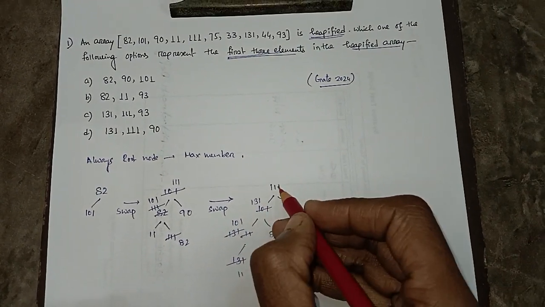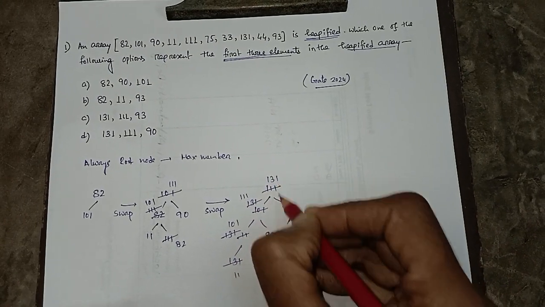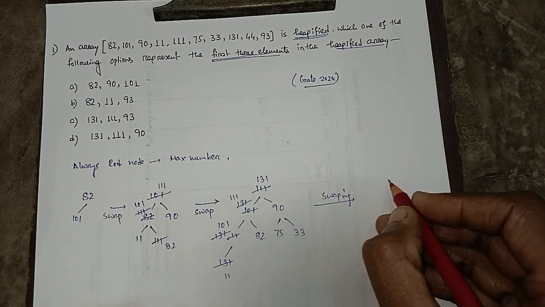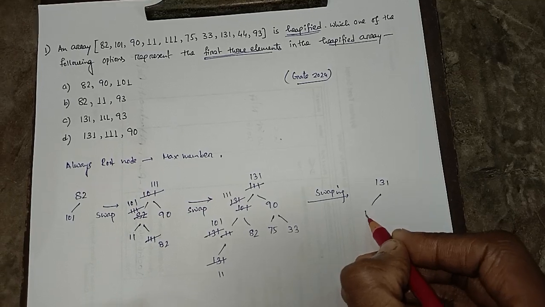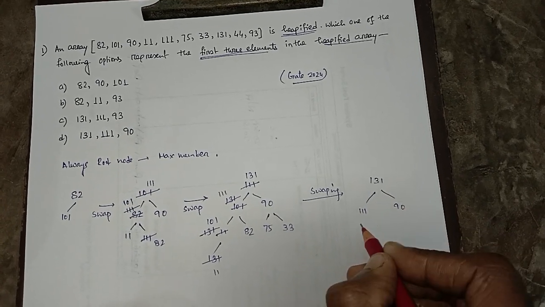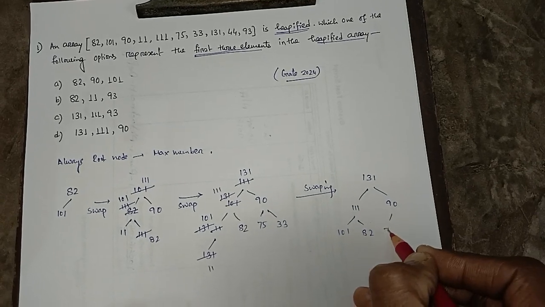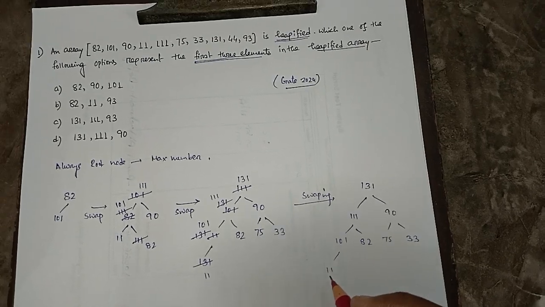Then 131 and 111, so 111 goes here, and 131 goes here. After swapping, the tree looks like 131, 111, 90, 101, 82, 75, 33, 11.